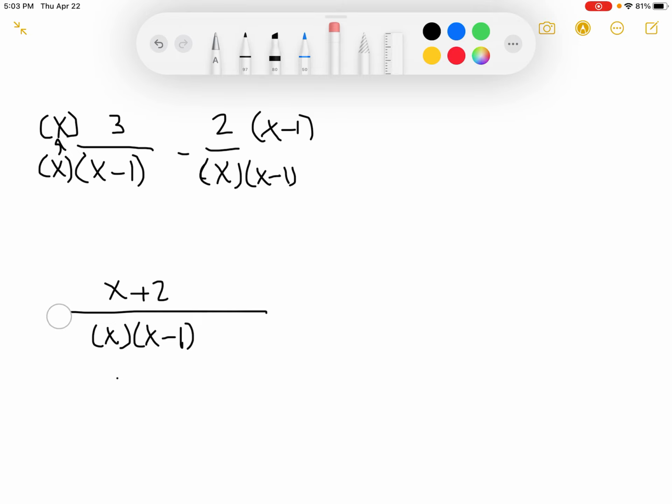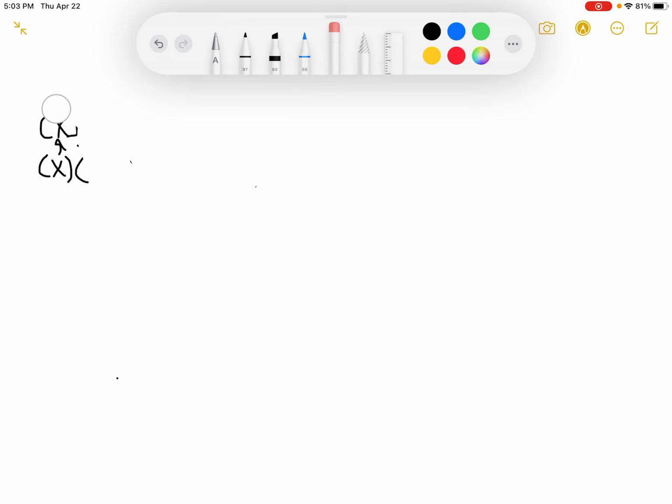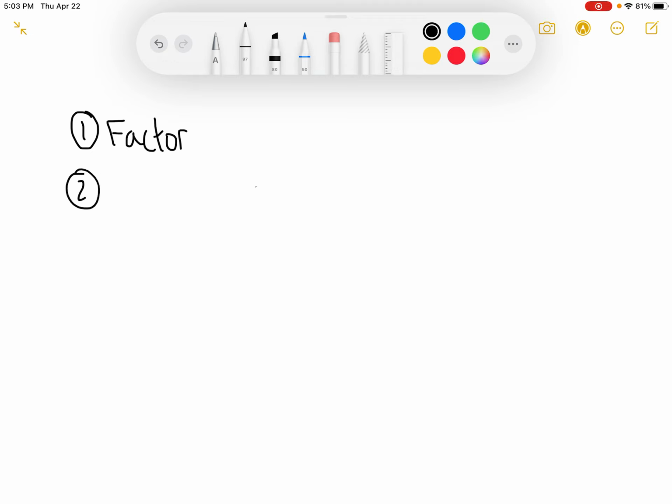So that is how you add and subtract polynomials. Or sorry, how you add and subtract rational expressions. So I hope that made sense. But just to review, here are pretty much the steps. You first factor, if possible. Make denominators the same.